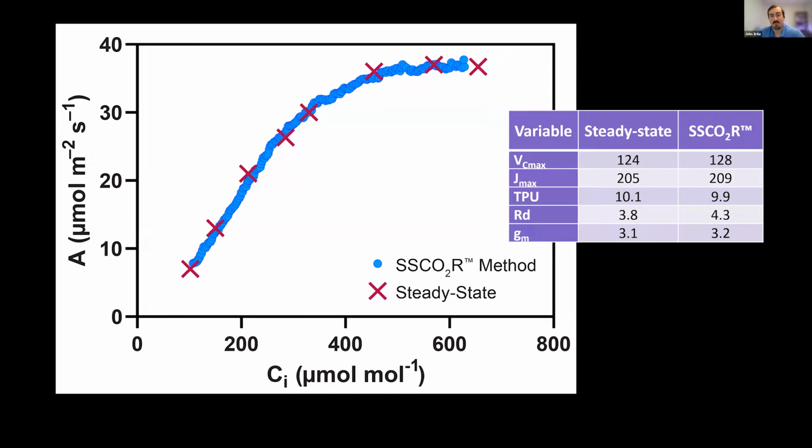So things like the Vcmax, the Jmax, your TPU, Rd, and gm are all important physiological parameters that help us understand the efficiency of various different components of photosynthesis, including the electron transport chain speed and the efficiency of photosystem 2. And so this is a very useful tool where we can extract lots of extra data from this type of approach that's very valuable for physiologists to look at.